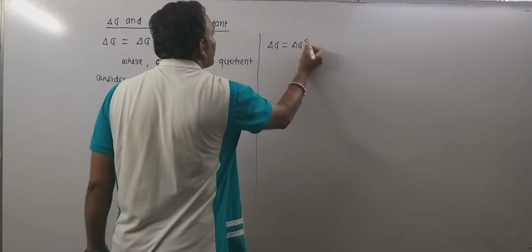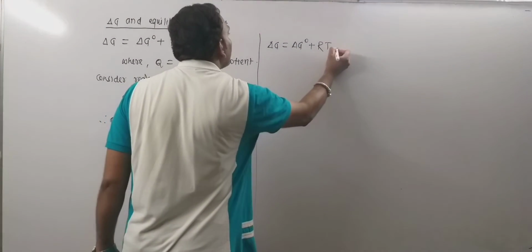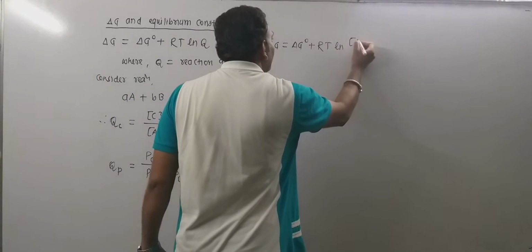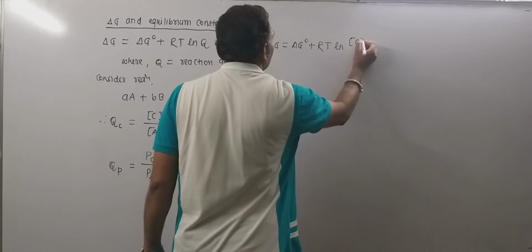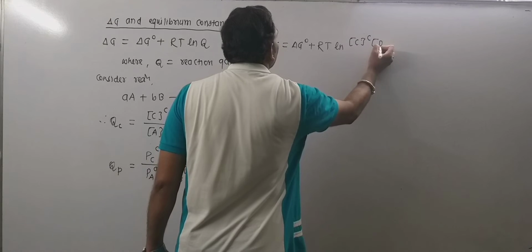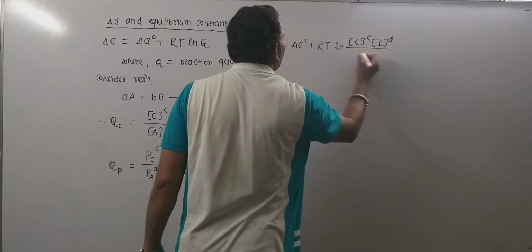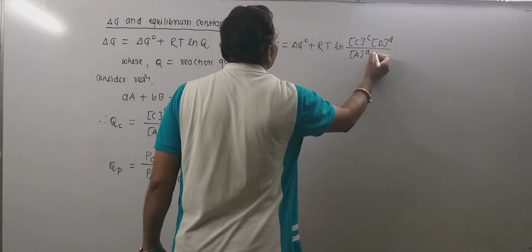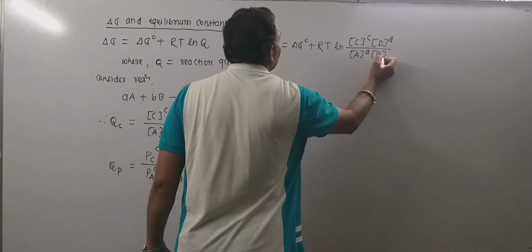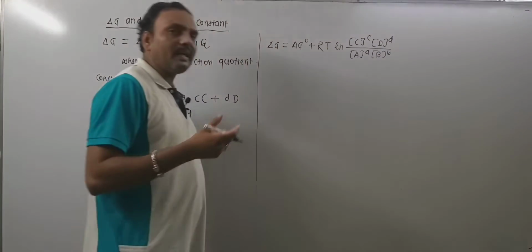Now if the values of Qc or Qp are substituted in this equation, we may write delta G = delta G naught + RT ln of concentration of C to the power c into concentration of D to the power d, upon concentration of A to the power a into concentration of B to the power b.